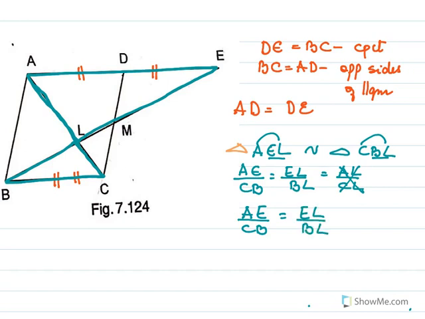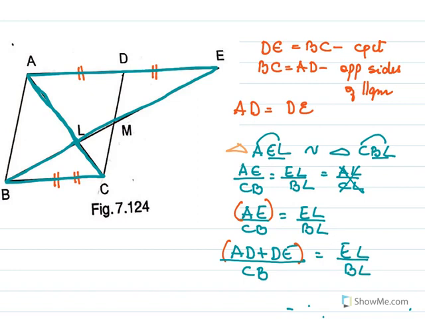Now look up in the figure: AE is equal to AD plus DE. So for AE I put AD plus DE over CB equal to EL over BL.